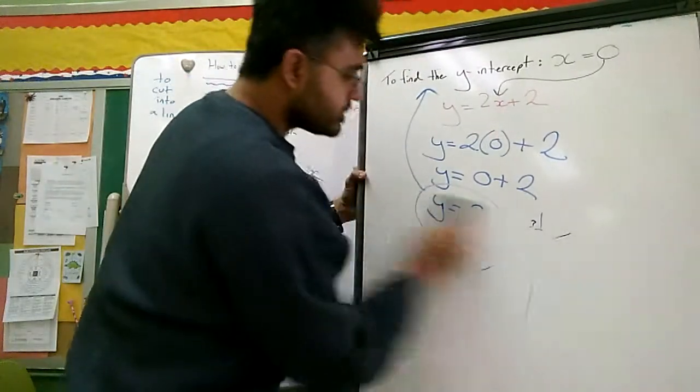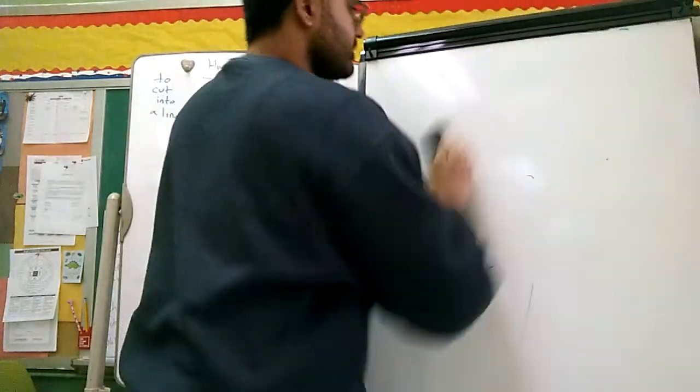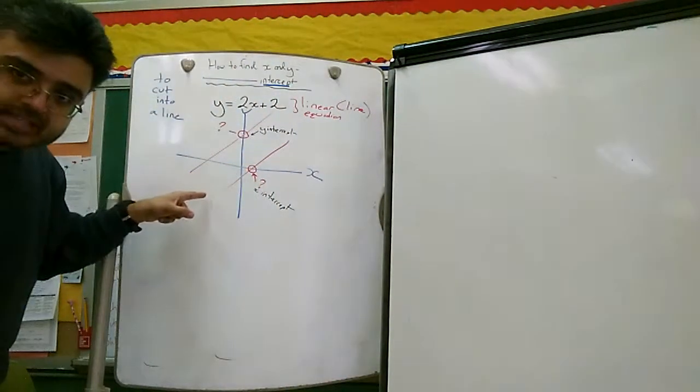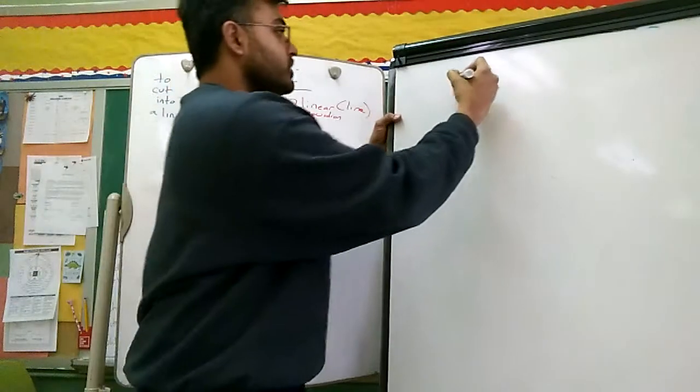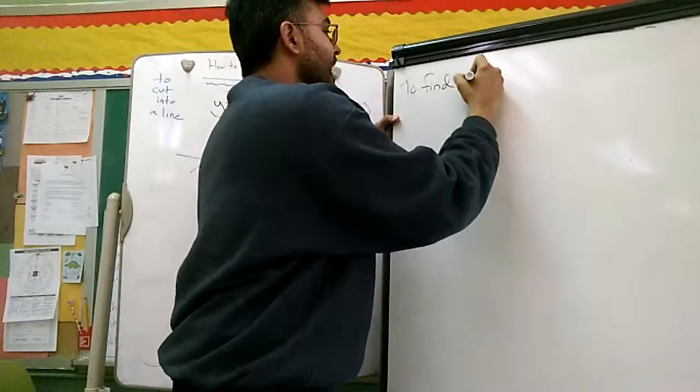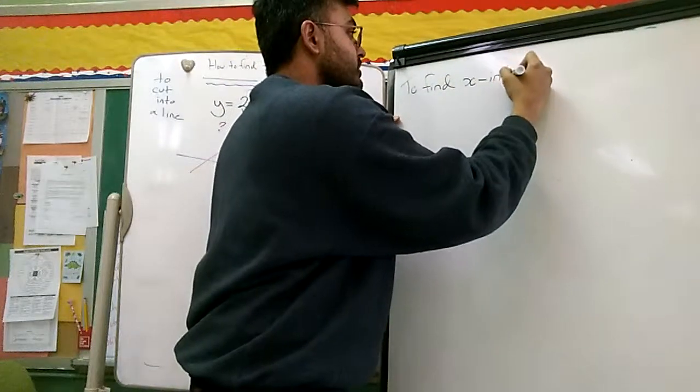I'm going to erase all this. And now we're going to find out where the line cuts into the x-axis using the same equation. So first, the rule to find the x-intercept.